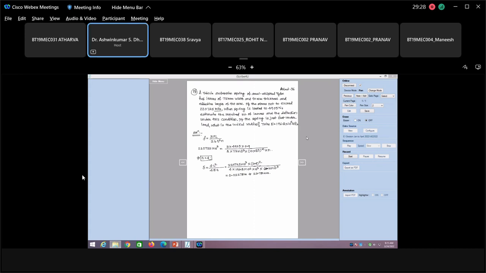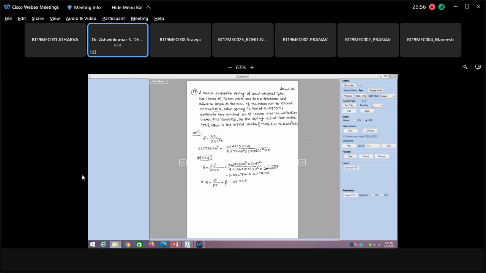Okay. Now the radius of curvature, we took R equal to L square divided by 8z plus z by 2, where z is equal to delta.